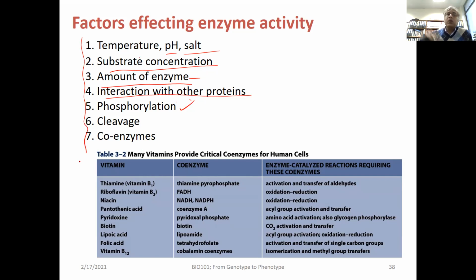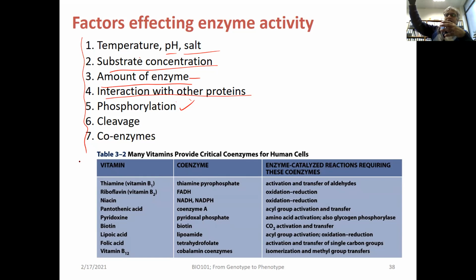Some enzymes require coenzymes as well. They require cofactors as well, etc. So this is just to tell you that once you decode information after transcription and translation, that is just the beginning. Having a protein within the cell is just the beginning of a biological system, because these proteins which we have decoded from DNA may not be enzymes.